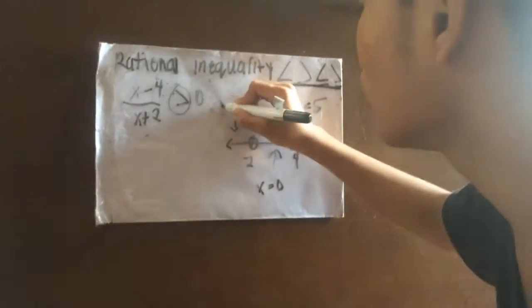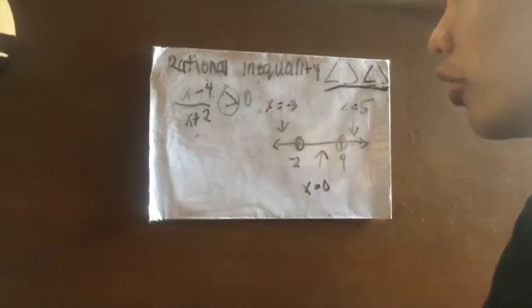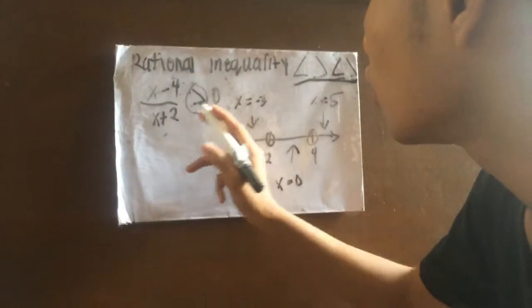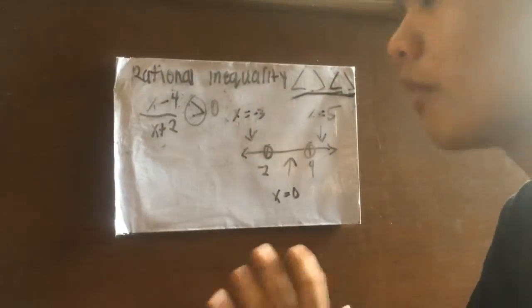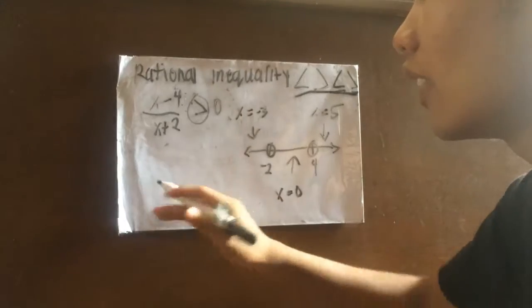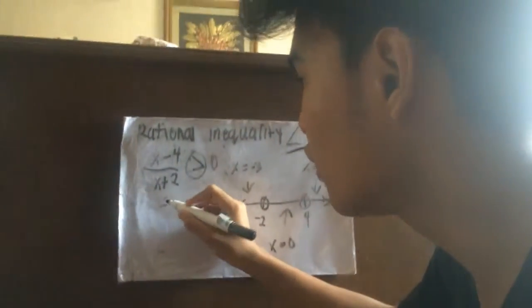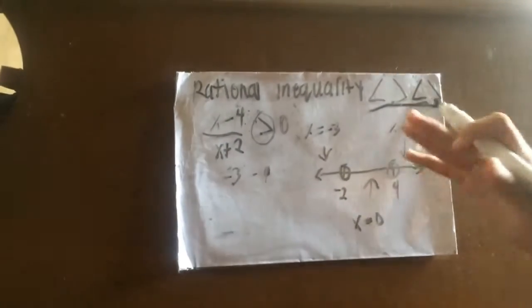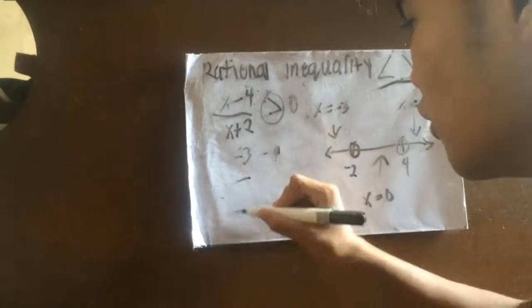Katulad din dun, less than negative 2 is negative 3. So, pag sinubstitute yung value ng mga to dito, kailangan makakuha tayo ng mga positive sign na pwede nating ilagay din sa interval. Negative sign ng negative 3 tsaka negative sign ng negative 4 is equals to negative 4 dahil mas malaki yung value ng negative.